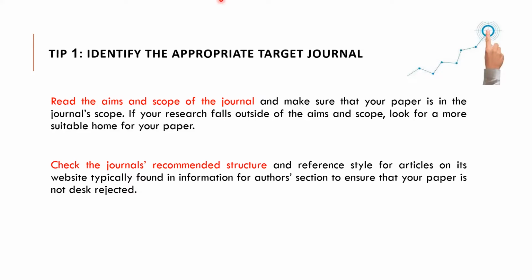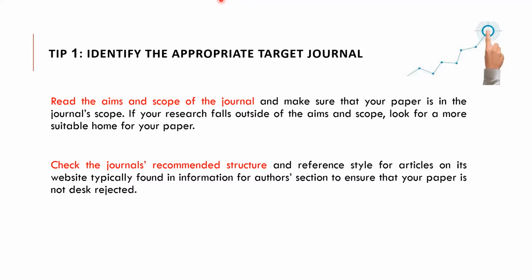This is very important because many students submit and get rejection after 1 week because they didn't follow the scope of the journal. You need to know exactly whether this journal is in the same field you are interested in or not. It should be suitable for your paper.